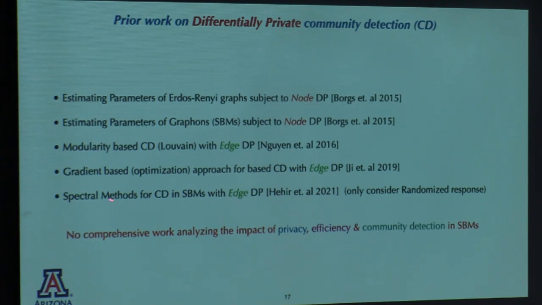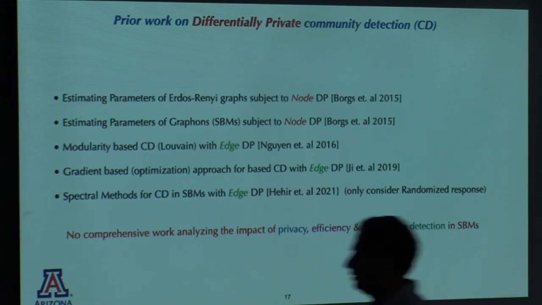Spectral methods have been studied in the stochastic block model, along with differentially private versions of them. But by and large, these are specific problems, and there was no work, at least that we know of before this one, which looked at privacy, efficiency, and the impact of phase transition.